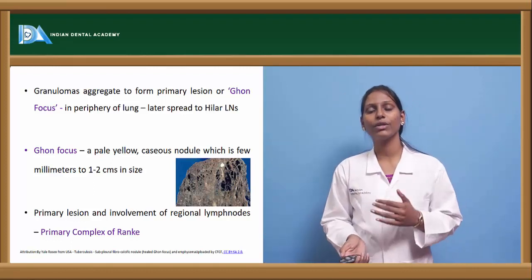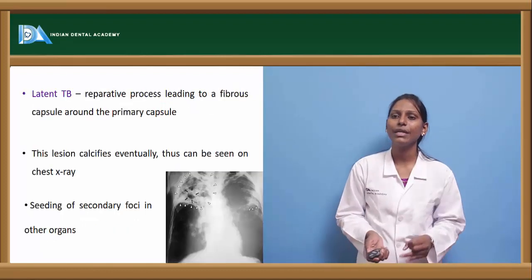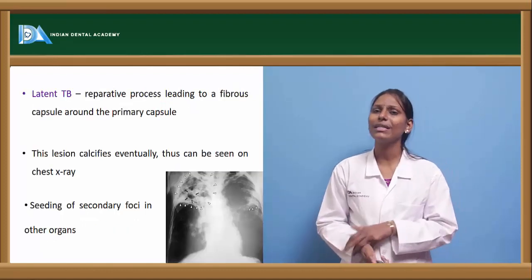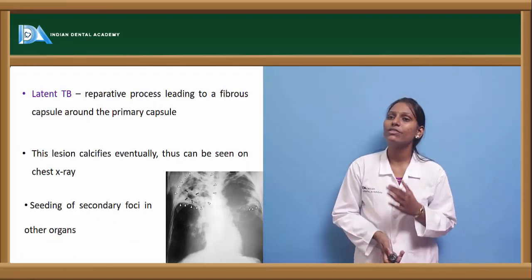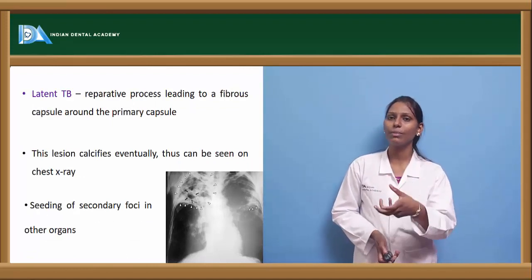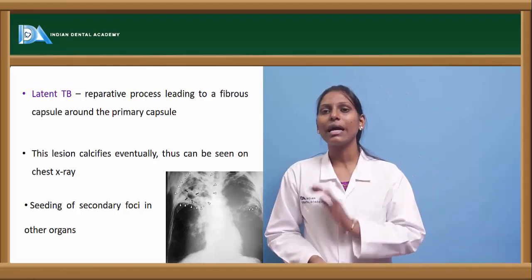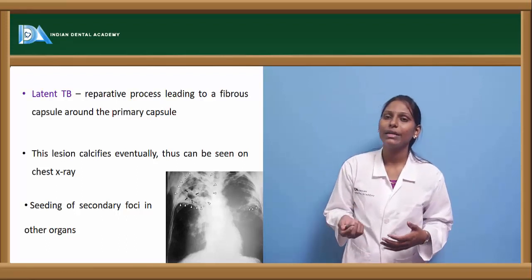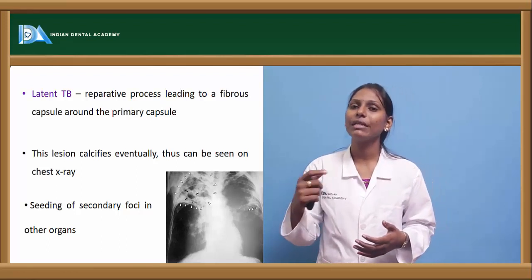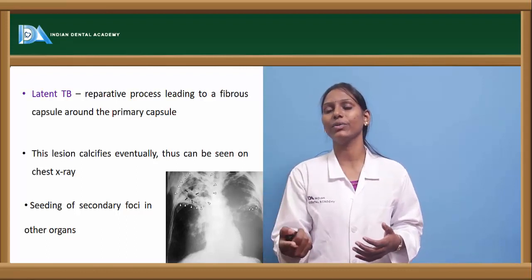So now we have come across two important things, Ghon's complex, Ghon's focus, and the primary complex of Ranke. So what is latent TB? Latent TB is actually a reparative process which leads to a fibrous capsule around the primary lesion. Most of the people who have been infected through droplet infection will have latent TB rather than active TB.